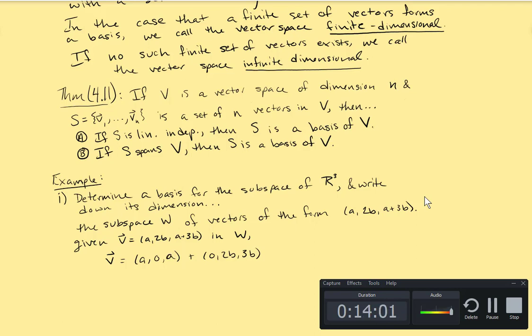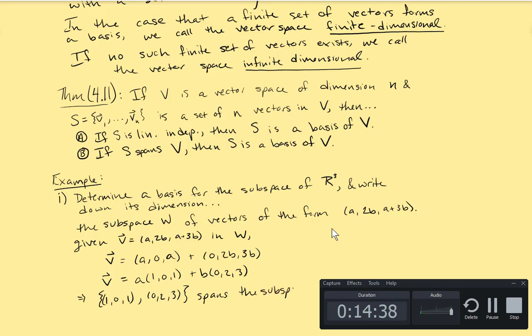And from each of these vectors, we can factor out the arbitrary scalars A and B. So any vector that's in W can certainly be written in this form, meaning the set here spans the space W.